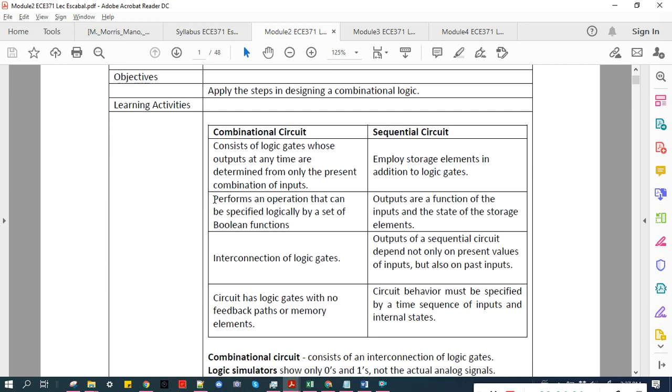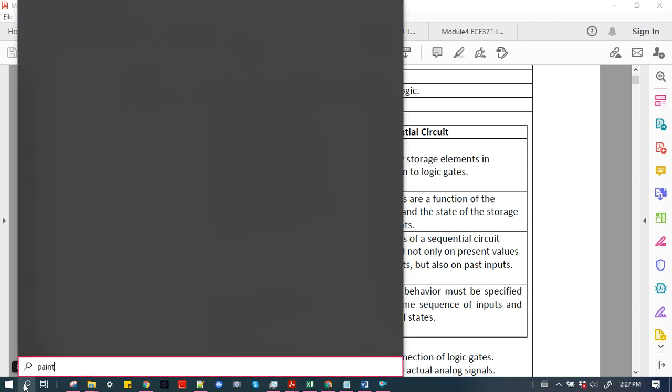Combinational circuits perform an operation that can be specified logically by a set of Boolean functions. So all those Boolean functions that we have studied from the previous modules or sections are forms of combinational circuits.